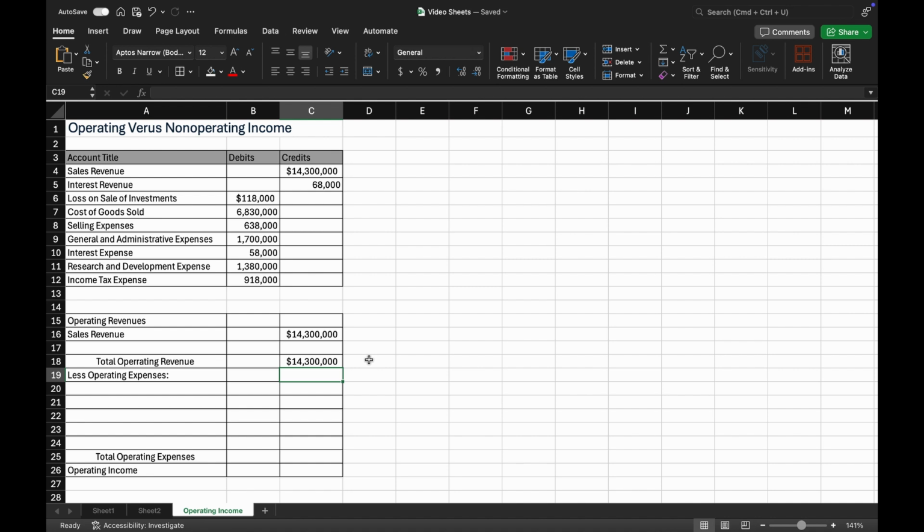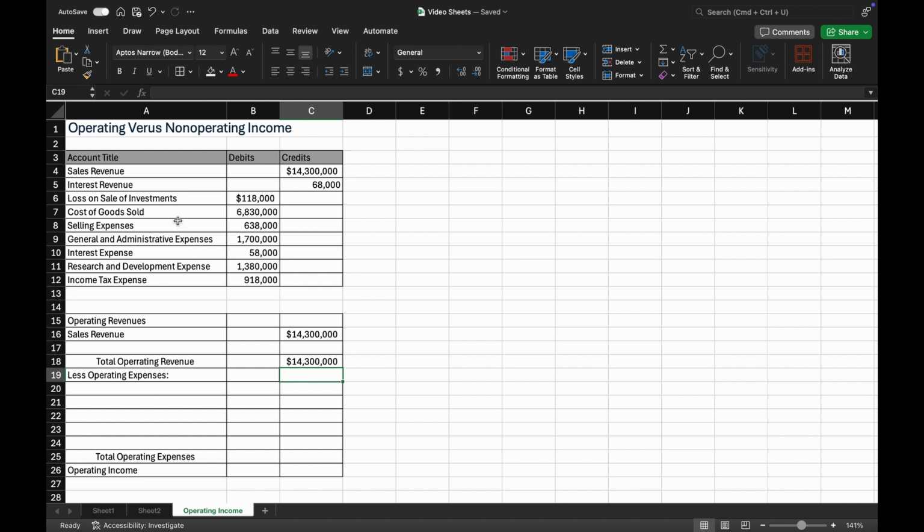Some people will categorize it as an operating expense, but either way, it is included in the total operating expenses. Operating expenses are costs tied to core operations but are not tied to revenue production. Cost of goods sold lowers gross profit, which lowers operating income, so we are including it in this calculation. So we can put this account in its debit balance of $6,830,000 under less operating expenses.